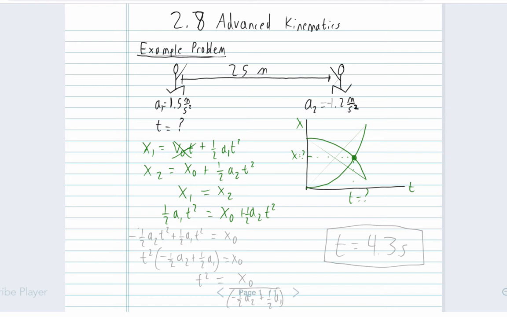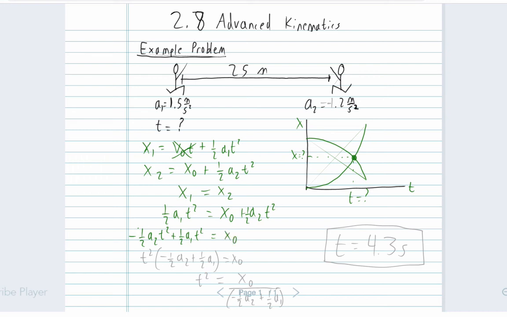If we're solving for t, let's get both of the accelerations on the same side. I'll move that over to the other side, so we get negative 1/2 a2 t squared plus 1/2 a1 t squared equals x naught.